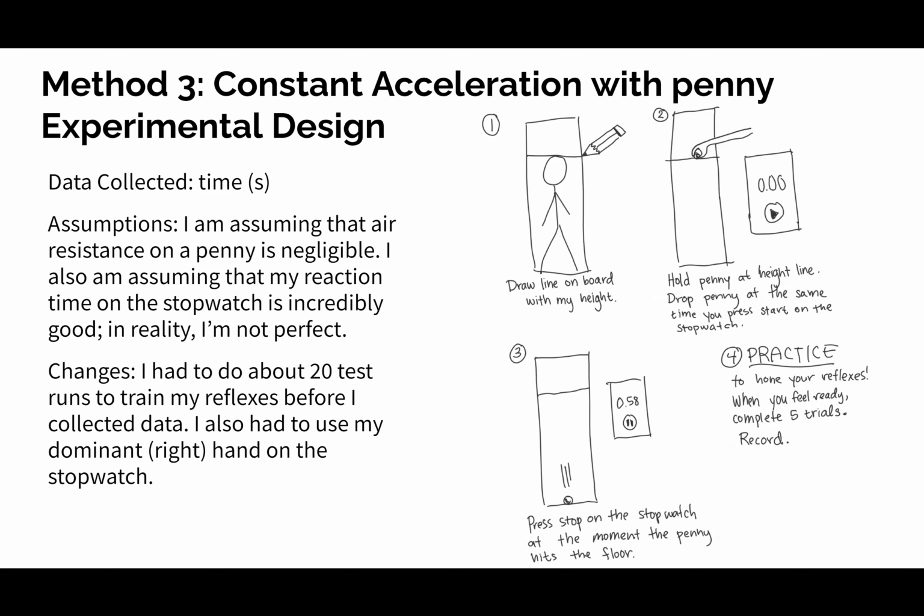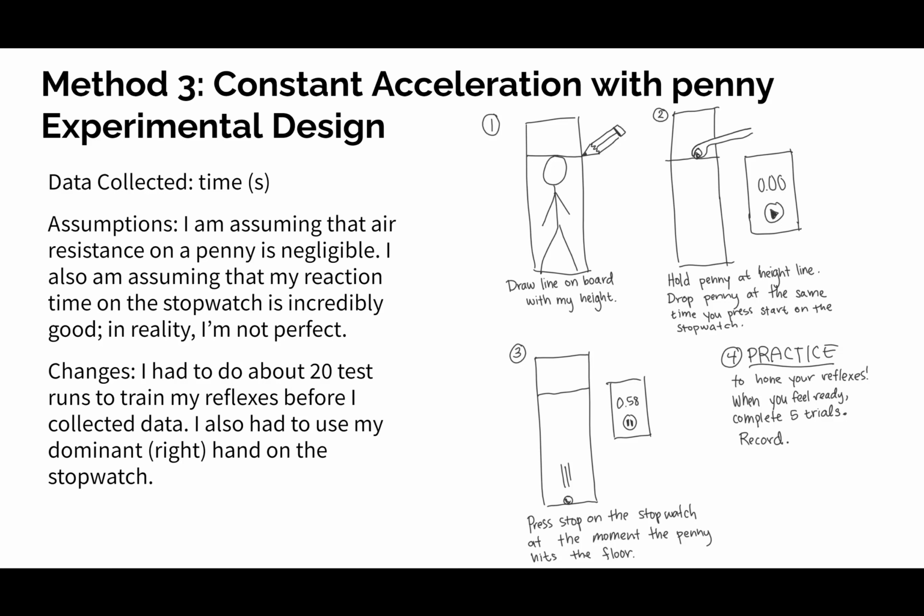I had to practice this a number of times to hone my reflexes because it did not go super well the first couple of times that I tried it, but after about 20 test runs, I felt like I was getting a consistent value on the time. I assumed that air resistance on the penny was negligible.